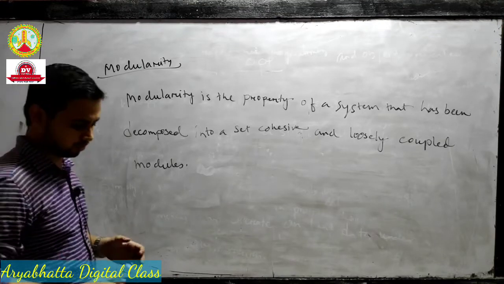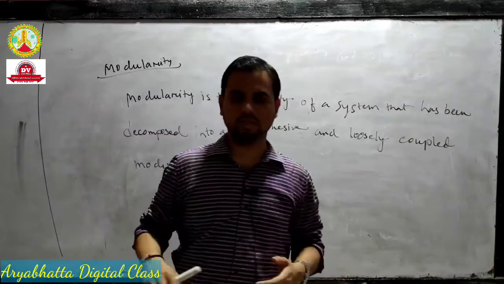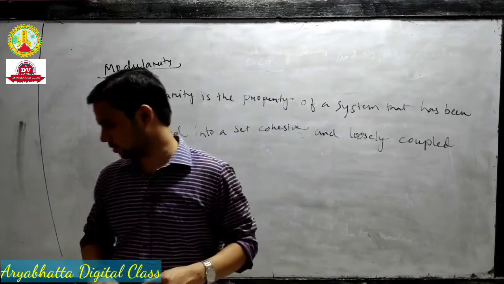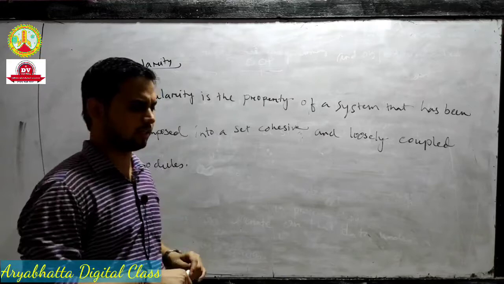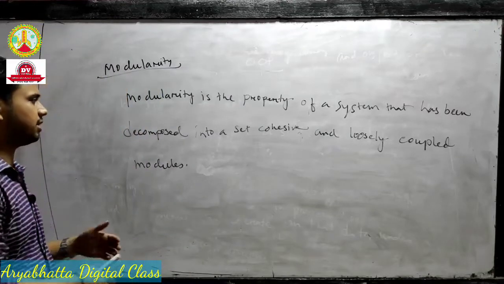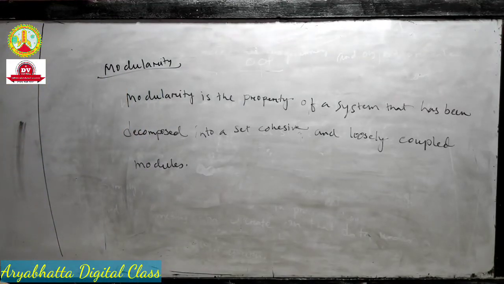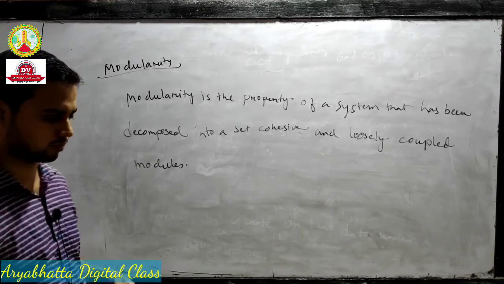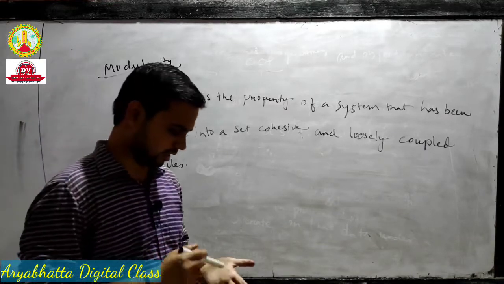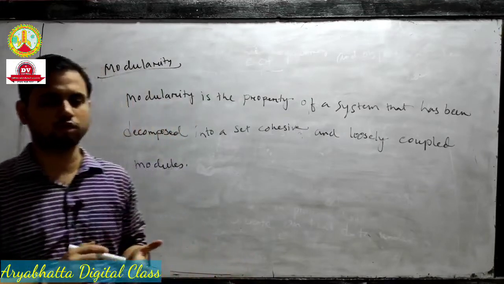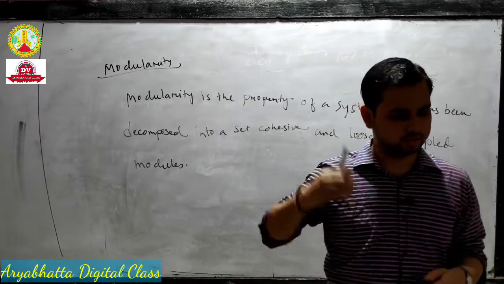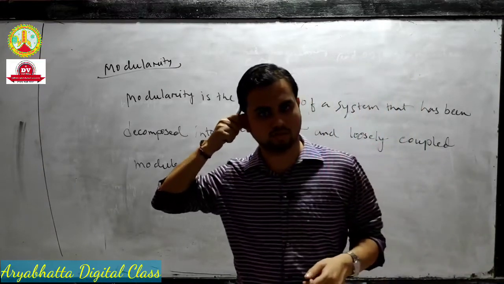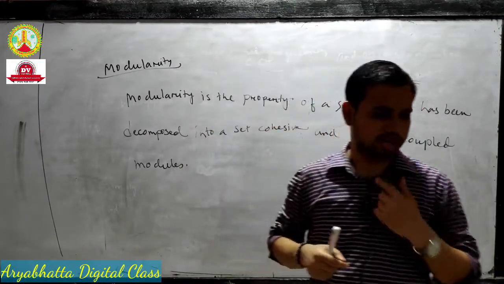It means you break down a program into separate units, and every unit has its unique work. Suppose in coding, we write hash include iostream.h, conio.h. After that we write the main function, and at the end we write return 0 and getch.